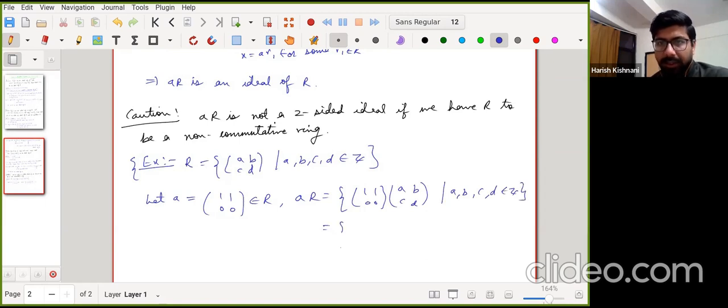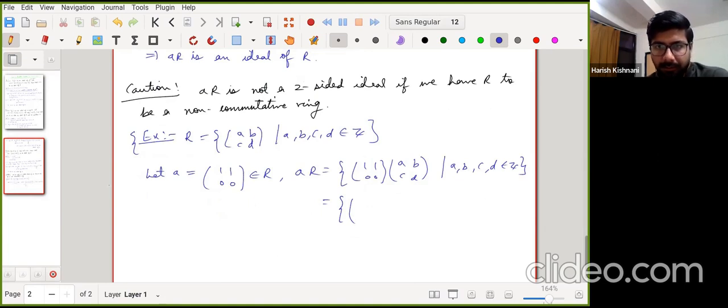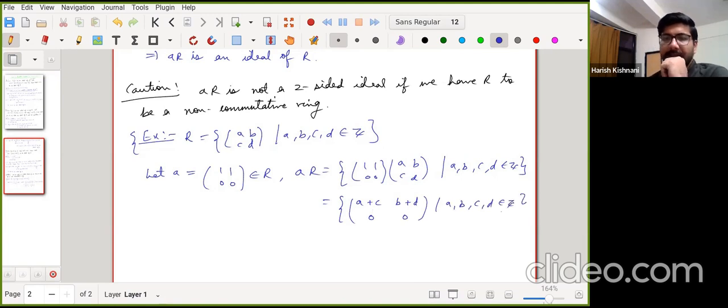You just multiply these two matrices, and you will get that this is going to be the matrix with a plus c here, and here you will have b plus d, and this is 0, this is 0, where a, b, c, d are all integers.